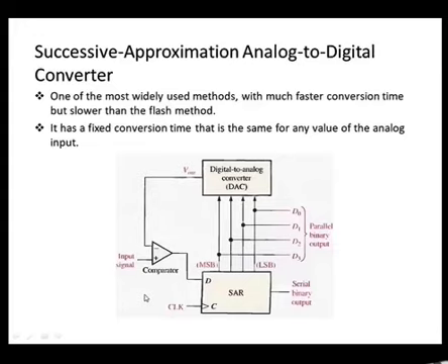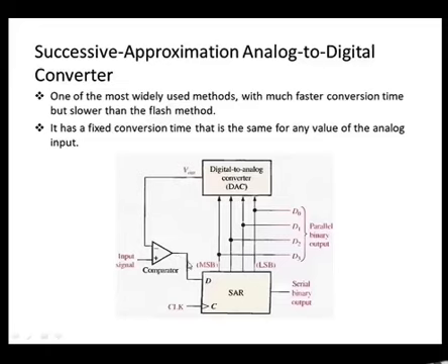The input bits of the DAC are enabled one at a time, starting with the most significant bit. So first we will enable this MSB bit, then next, then next, and the last, the least significant bit. As each bit is enabled, the comparator produces an output.